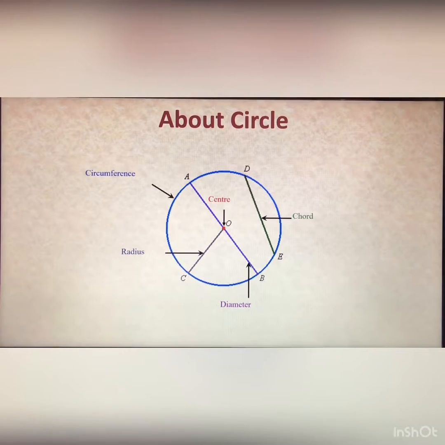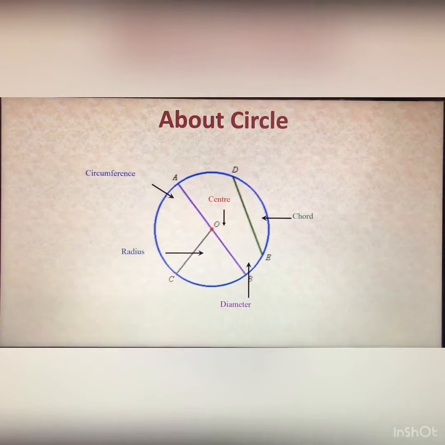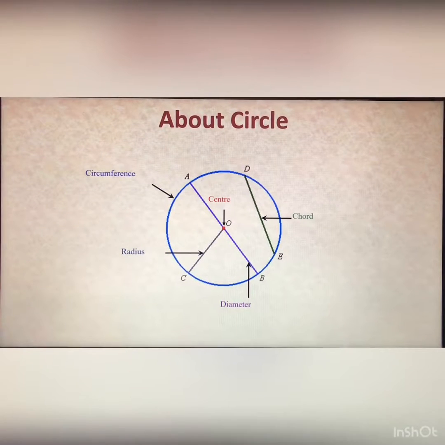So diameter is the longest chord of the circle. Diameter is also known as a chord. So keep in mind that the longest chord of the circle is the diameter of that circle. So these things in the circle, that is the basic concept for the circle.